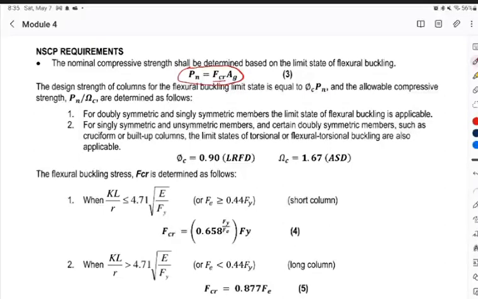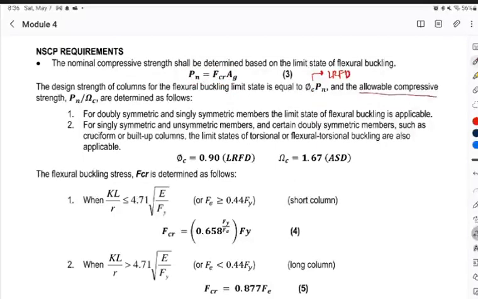Okay? The design strength for columns for the flexural buckling limit state is equal to phi C, this is our reduction factor for compression, multiplied by P sub N. This is for LRFD class. When we say design strength, that's LRFD. Okay, this is for LRFD, design strength.